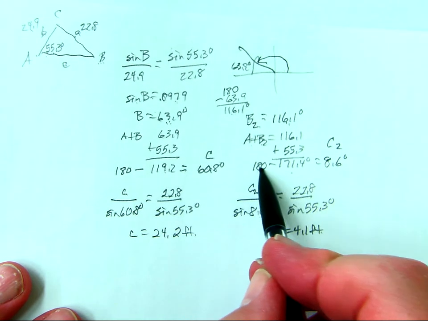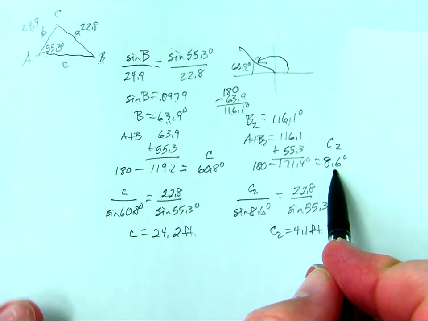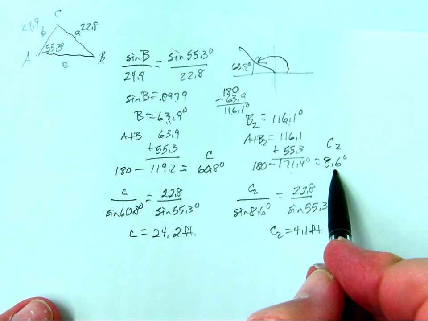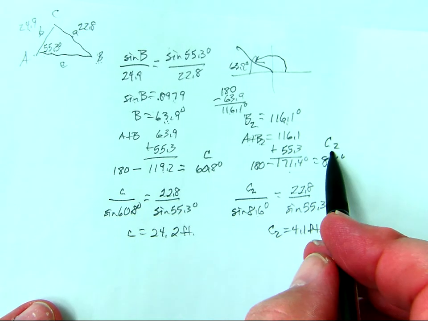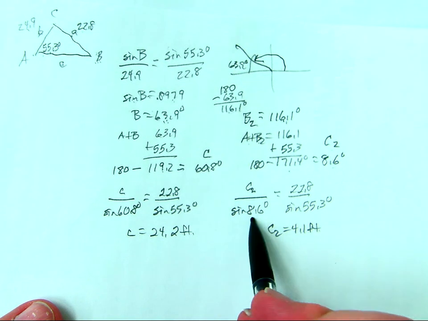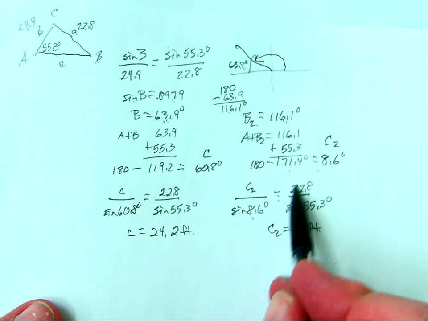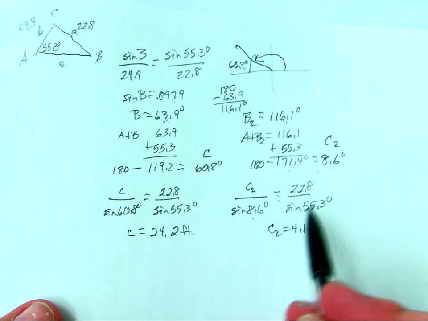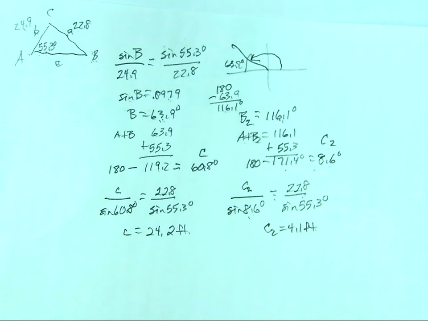We subtract that from 180, so our third angle, angle C2, had to be 8.6. Then we need to find the side opposite angle C2. We put that over the sine we just found, equals a pair we had in the beginning, and then we just used our calculator and found our second set. And that's it for the second part of law of sines.